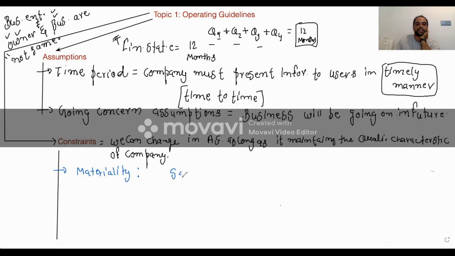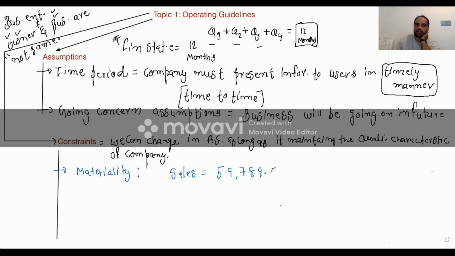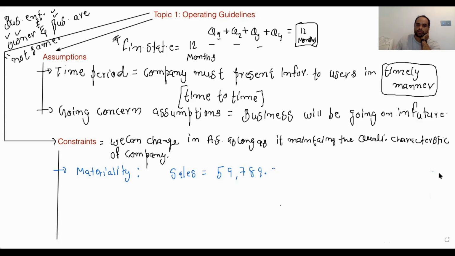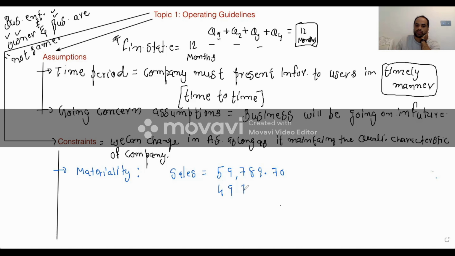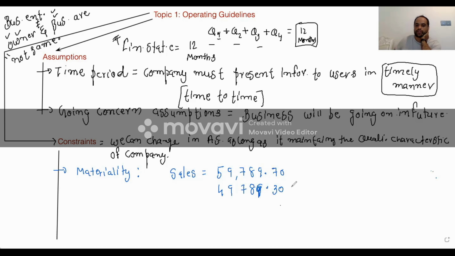For example, let's say your sales is 59,789.70, and cost is, let's say, 49,789.30, right?